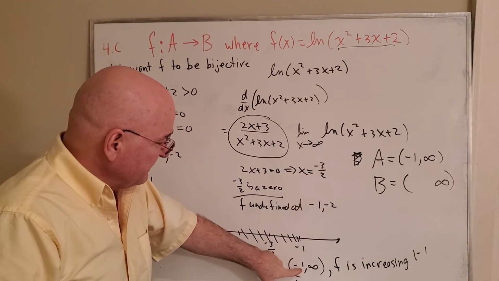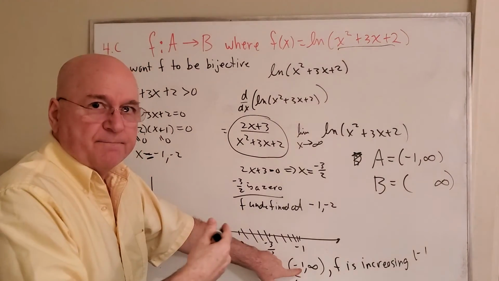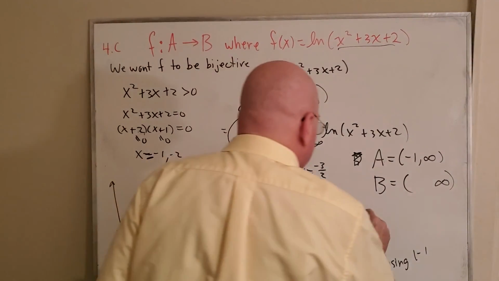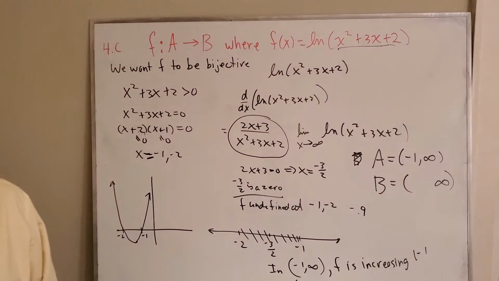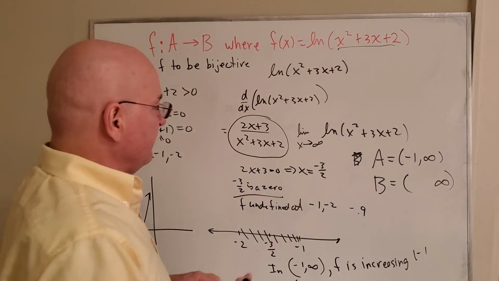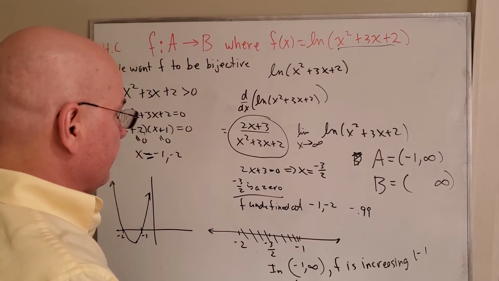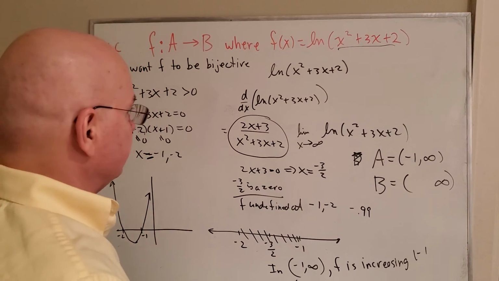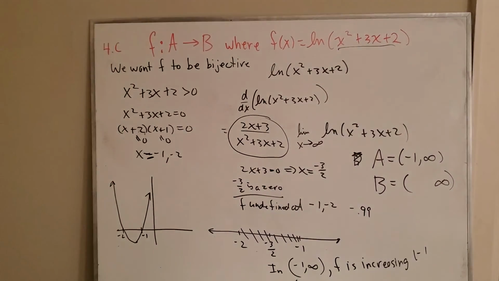I bet if we take numbers that are extremely close to negative 1, like negative 0.9, or negative 0.99, and plug that into a calculator, we're probably going to get a number very large in the negative sense. Let me see.